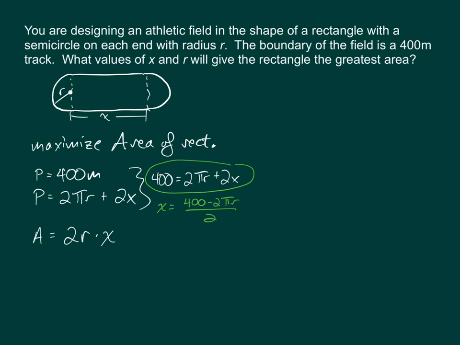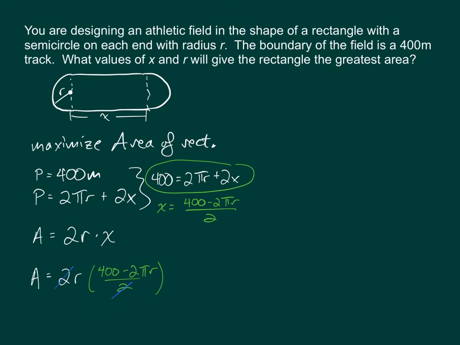And you can either reduce this here, or you can divide 400 and 2 pi r all by 2, or you can just take this and substitute it into the area equation to get A equals 2r times, instead of x, we will have 400 minus 2 pi r all over 2. And these 2's will reduce. So you can either reduce the 2 in the denominator here, or you can do it here, or you could have done it in the original equation.